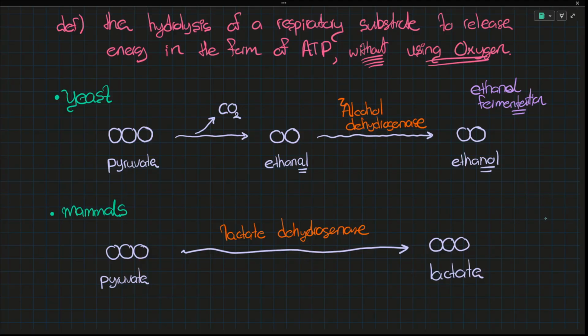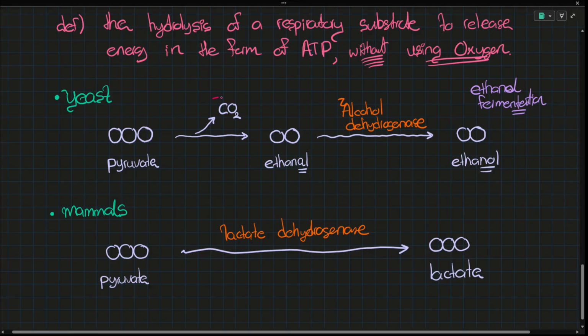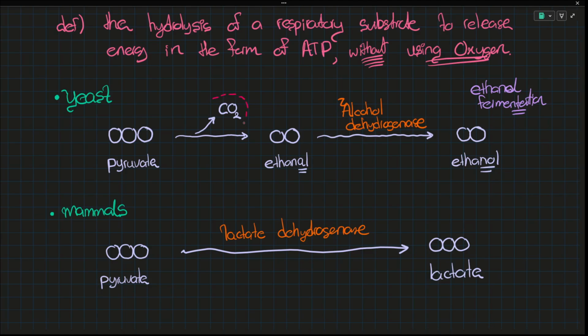And something interesting you should notice here is that when it comes to yeast, we have a carbon dioxide molecule being produced. But do you see here, there's no carbon dioxide. Pyruvate is already a 3 carbon molecule, lactate is also a 3 carbon molecule. There's no carbon dioxide, but that's a very tricky point that examiners love to use to trick you.